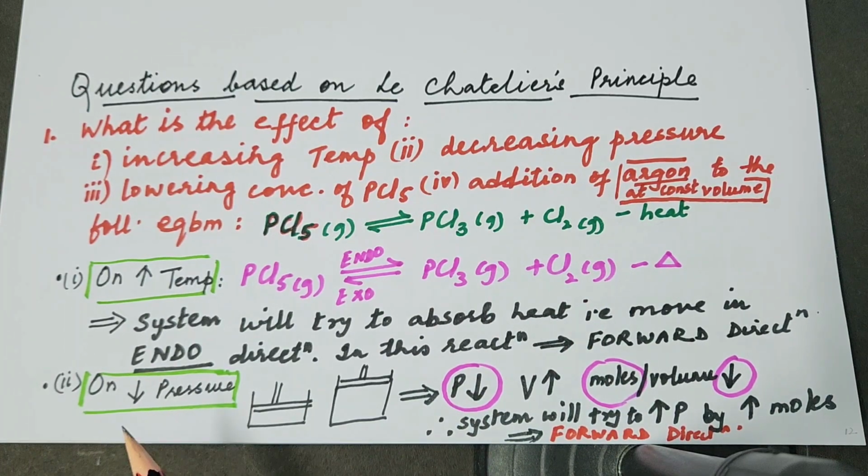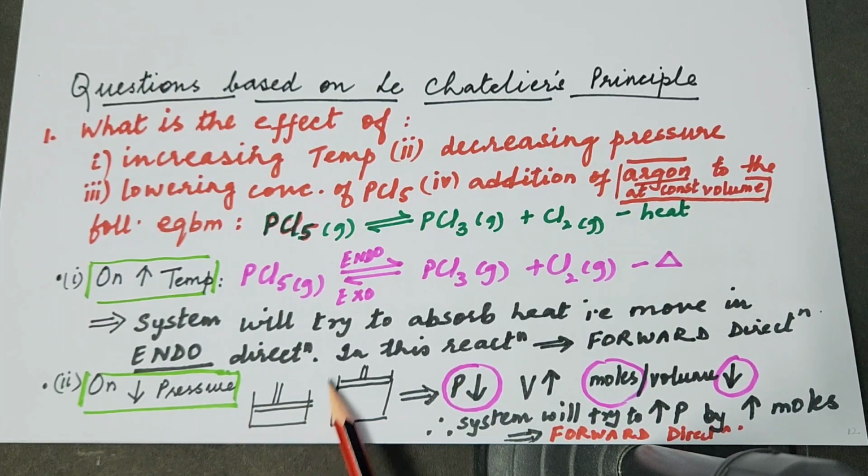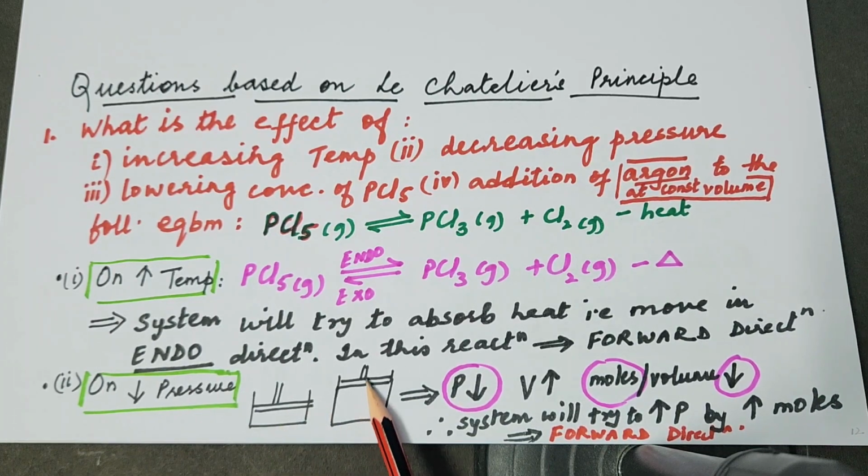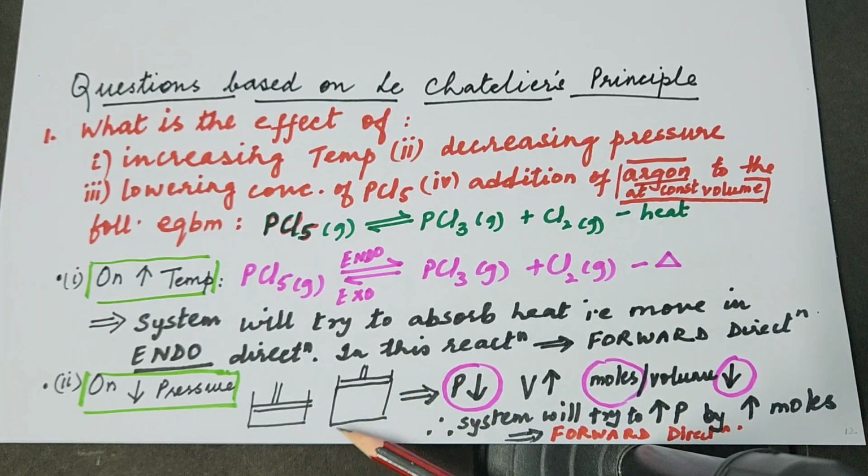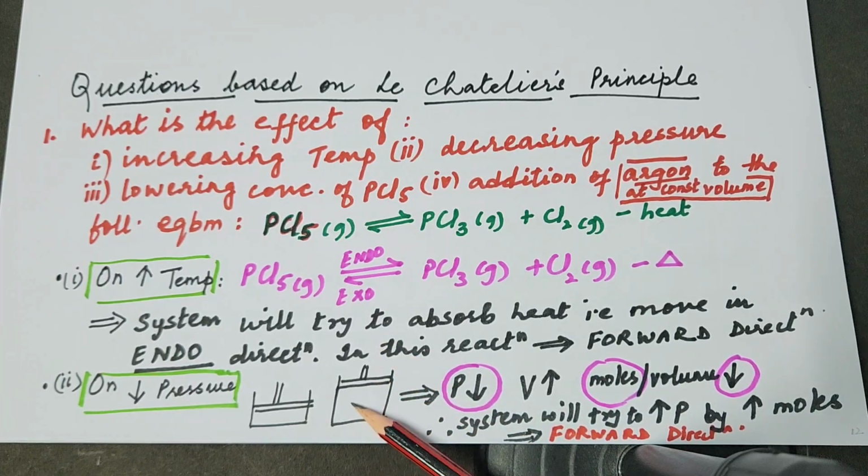Decreasing pressure. How are we understanding decreasing pressure? Suppose this was the original system, this is your piston and this was the pressure, this gas was contained in this container. We decrease the pressure means we released the pressure on the system by raising the piston. So the volume increases.